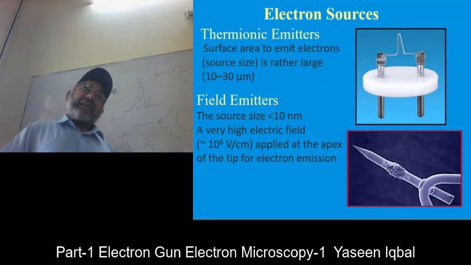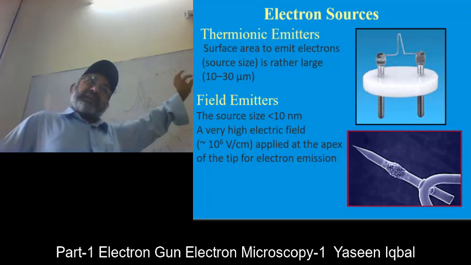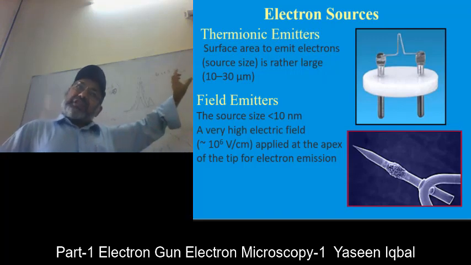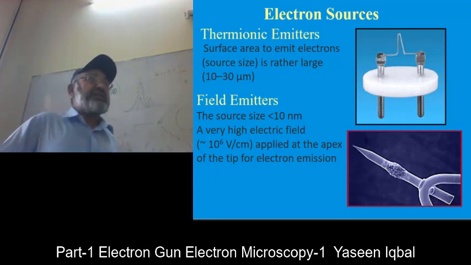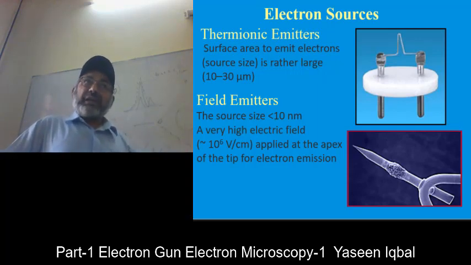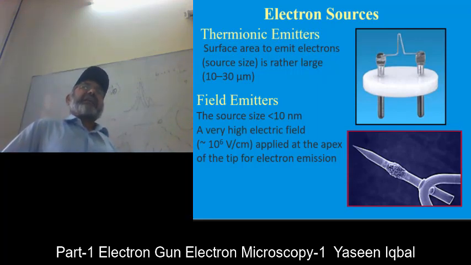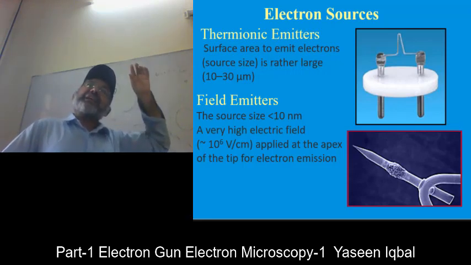Now, if the tip is thin, narrow, sharp, sharpness means you have more surface than bulk. The surface to volume ratio is higher when the tip is thin, just like in nanomaterials, where the surface is more in comparison to volume. When the surface is more, the electrons can be easily removed.